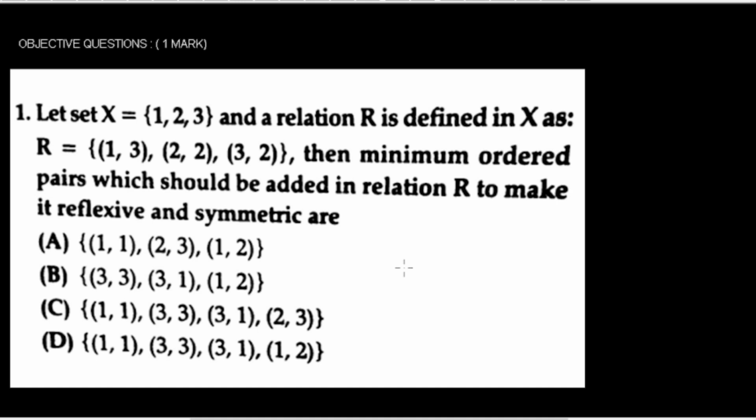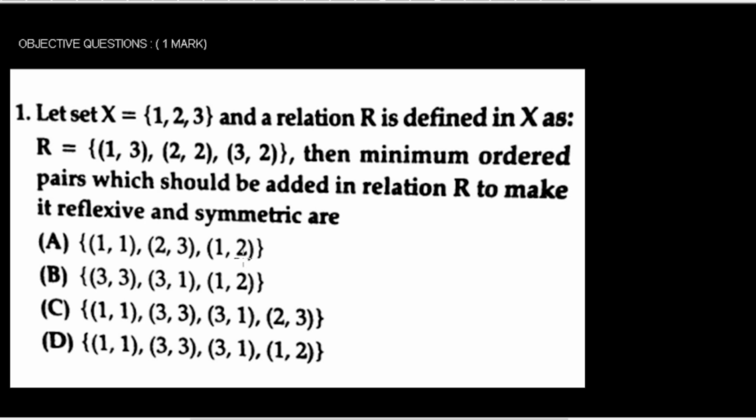Let set x be equal to {1, 2, 3} and relation R is defined in x as R = {(1, 3), (2, 2), (3, 2)}. Then the minimum ordered pairs which should be added in relation R to make it reflexive and symmetric are: option A, (1, 1), (2, 3), (1, 2).